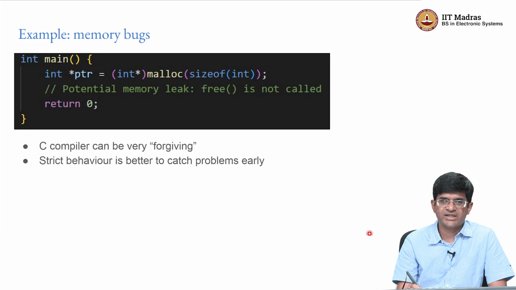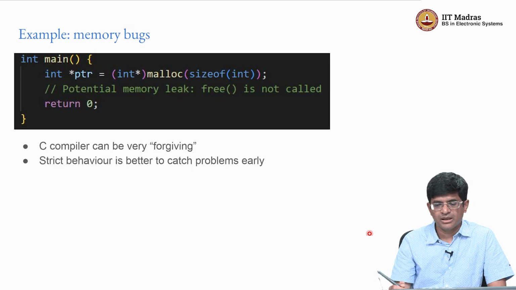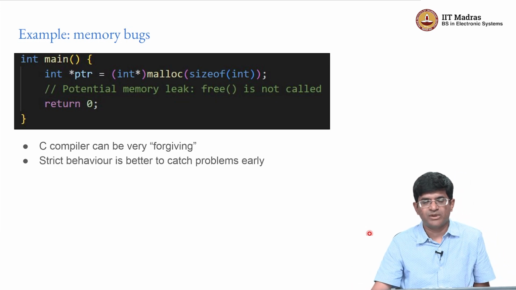There are tools which work as components of the compiler or parts of how the compilation process works, and are able to indicate problems like this for you. Now as an example, once again I'm just going to show you a small piece of code that runs on a regular Linux based system.